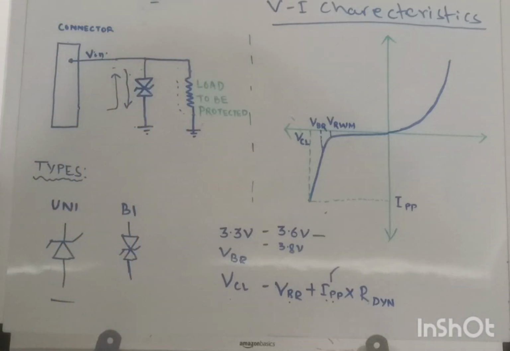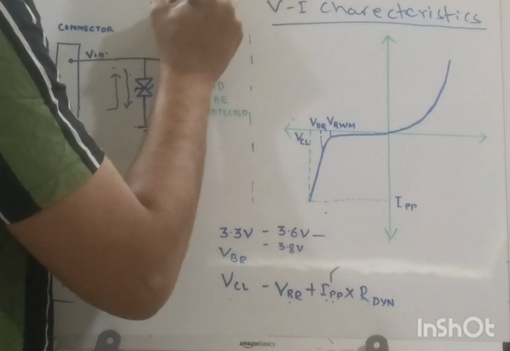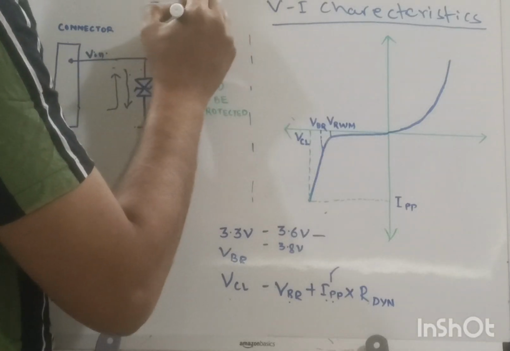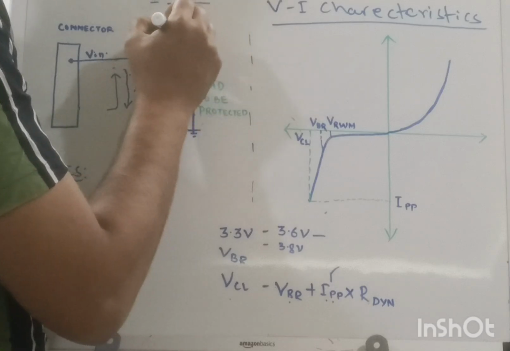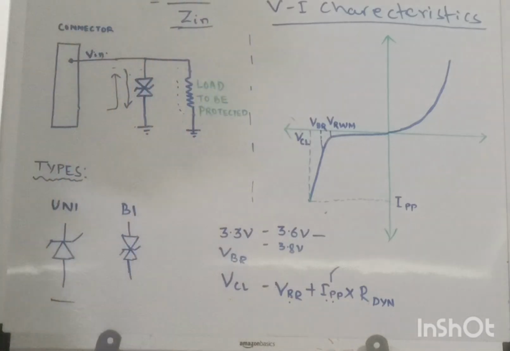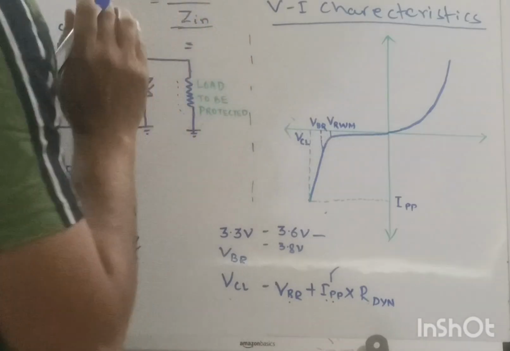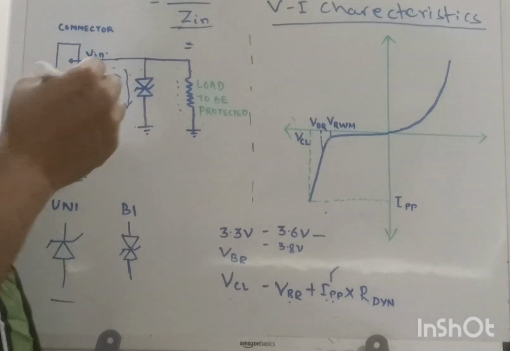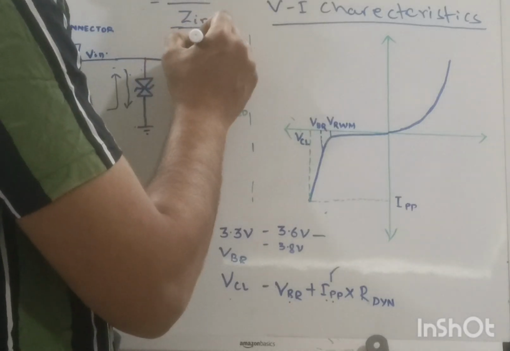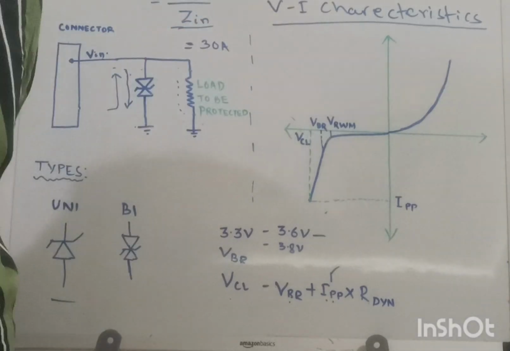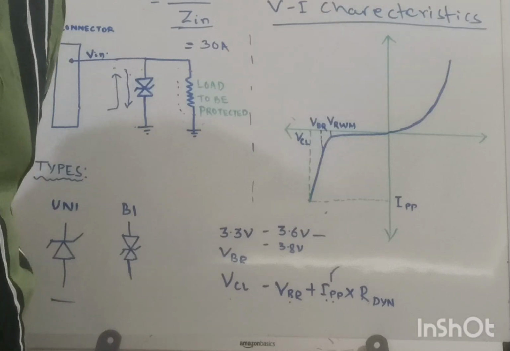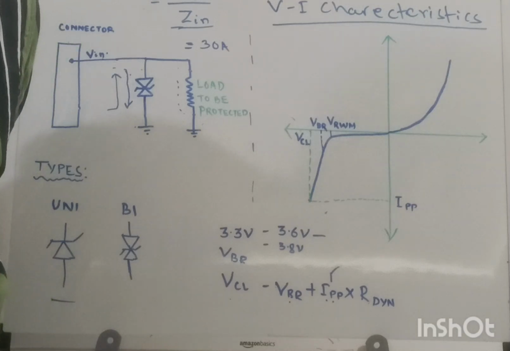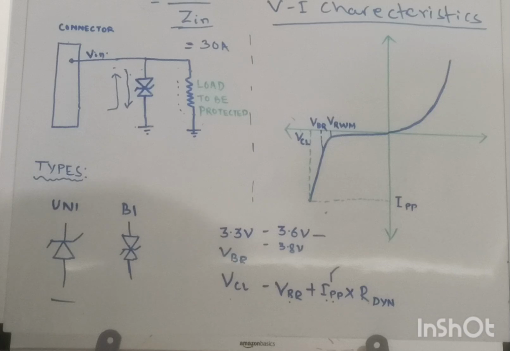Suppose as per IEC 61000-4-5, you consider 1 kV, so it's 1 kV divided by your Z. If you know the impedance of your board, then you can easily calculate your IPP. Suppose you calculate 30 amps. Then you need to select a TVS diode that has an IPP higher than 30 amps. That will be appropriate for your design.